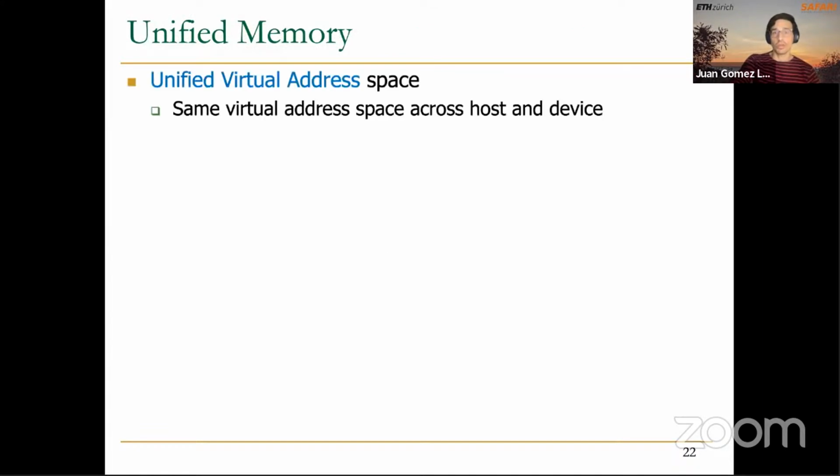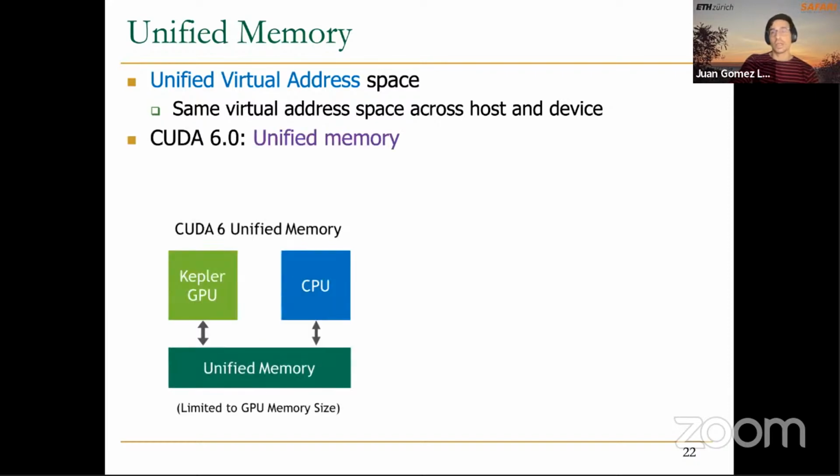A way of making this easier is the unified memory. Unified memory appeared first as a unified virtual address space where the same virtual address space is shared by the host and the device. It first started in a, let's say, relatively simple manner in the Kepler architecture with CUDA 6.0.